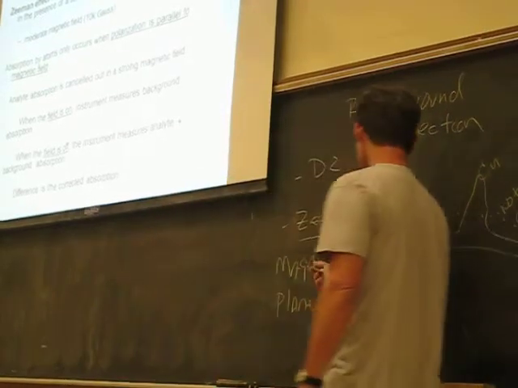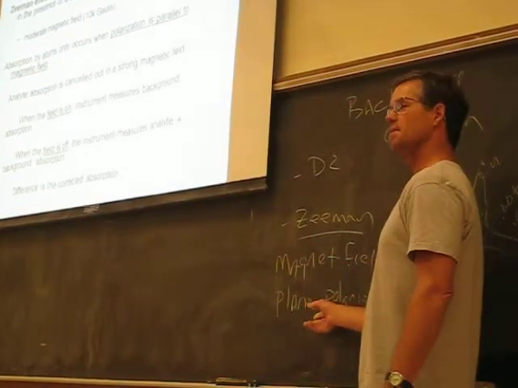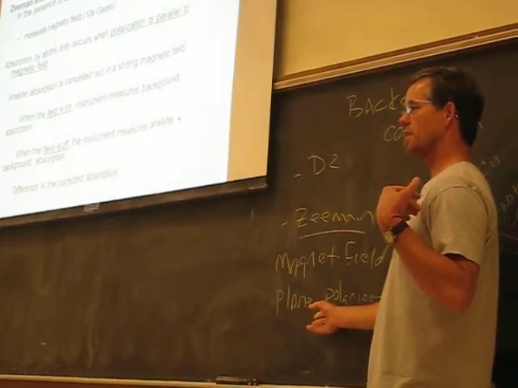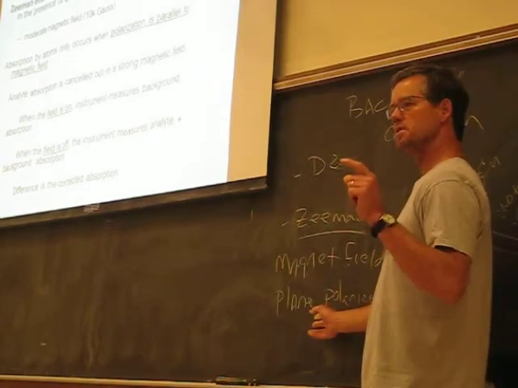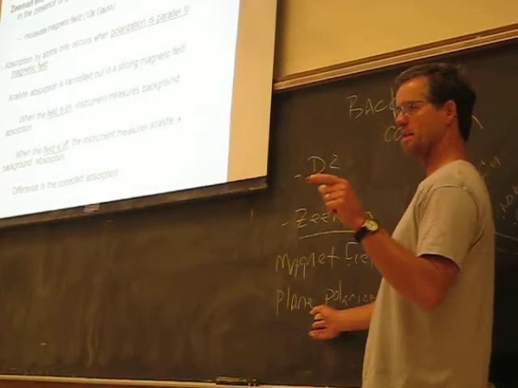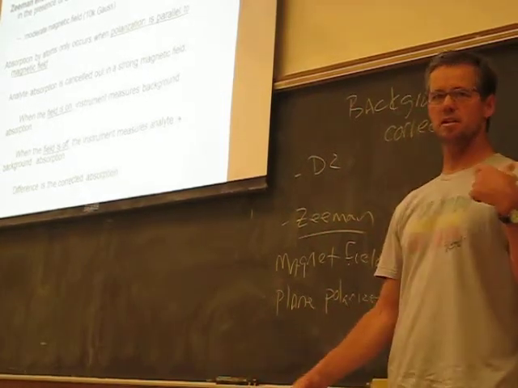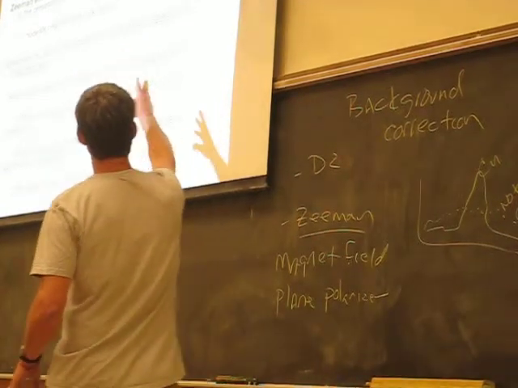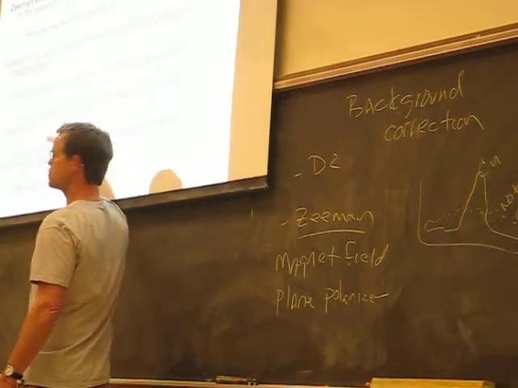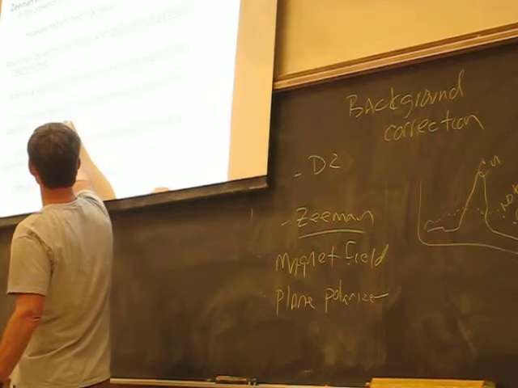Two features of it: it has a magnetic field, and the light being passed through from your hollow cathode lamp is plane polarized. Polarized light behaves differently in the presence of a magnetic field versus in its absence. I'll show this with a couple of schematics to illustrate it.